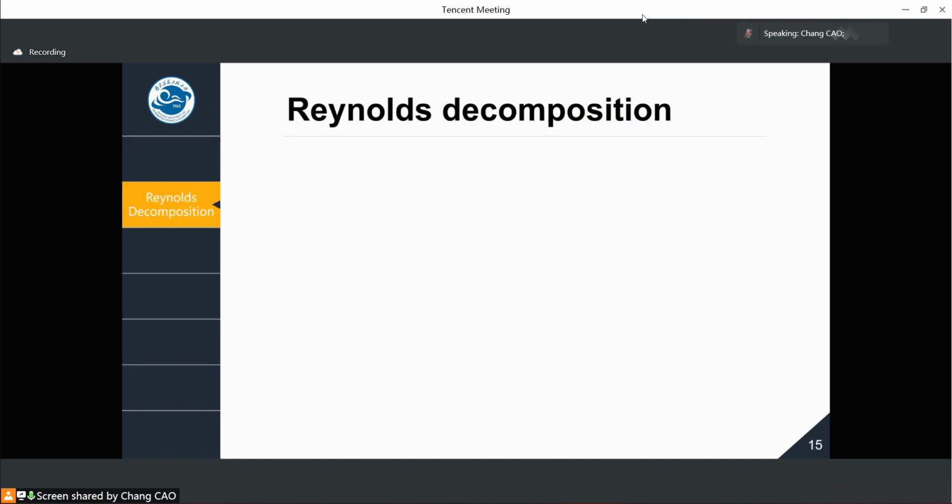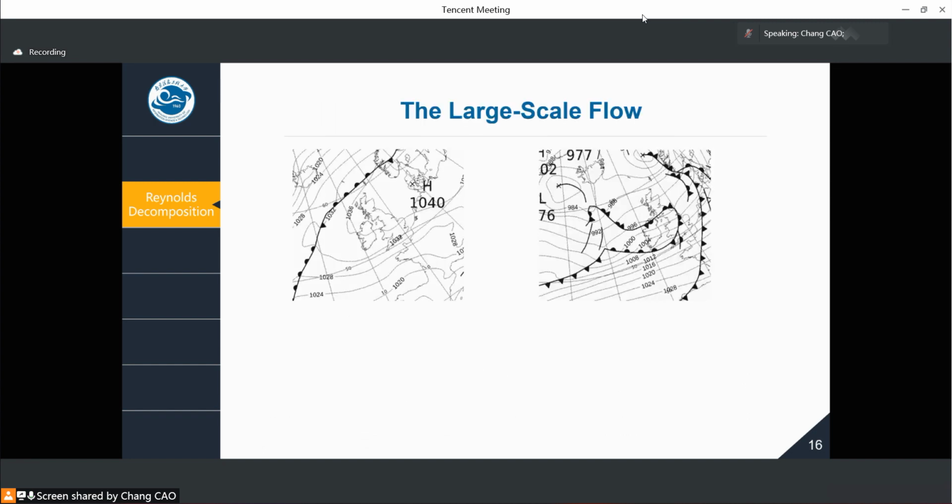So let's go to the second part. We're going to talk about Reynolds decomposition. Before we talk about the Reynolds decomposition, firstly, we must define a large-scale flow. These are two very typical synoptic charts.